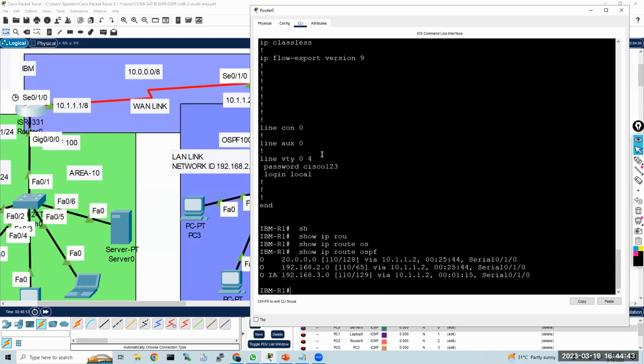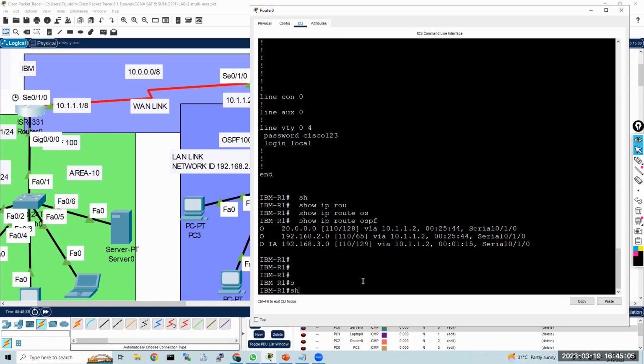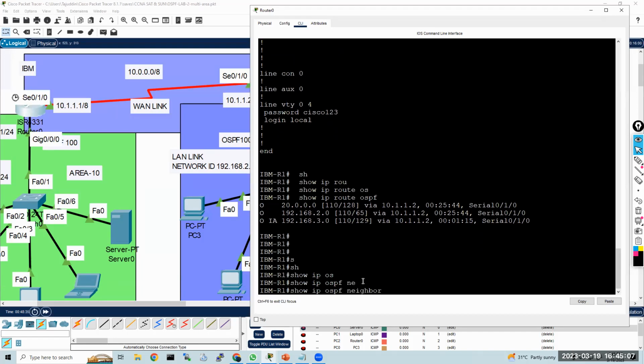Show IP route OSPF. So now this guy also learned that, IA, means inter area. See, the cost is 129, same, right? The cost we got on that side, so here also the same cost. Got it? So let's show IP OSPF neighbor.